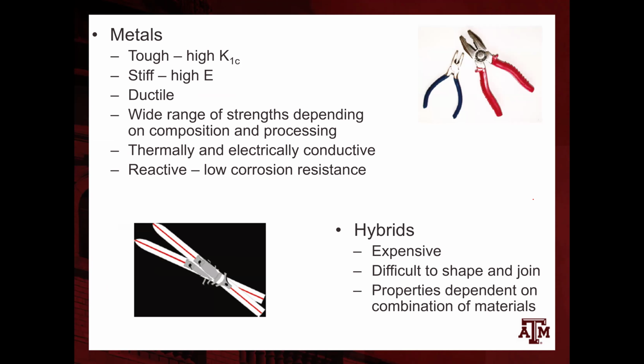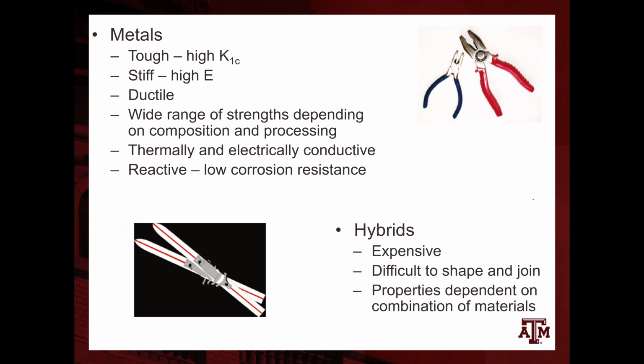And of course, they are much more conductive as a material compared to ceramics and polymers because of the excess electrons and the way the metallic bonding induces this freedom in those electrons to move around.